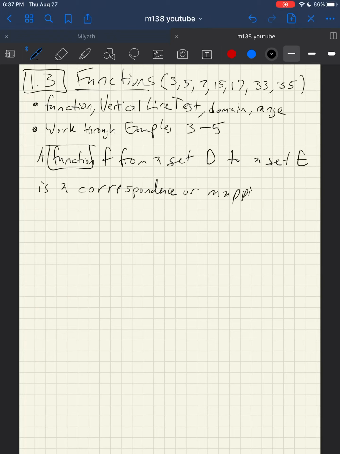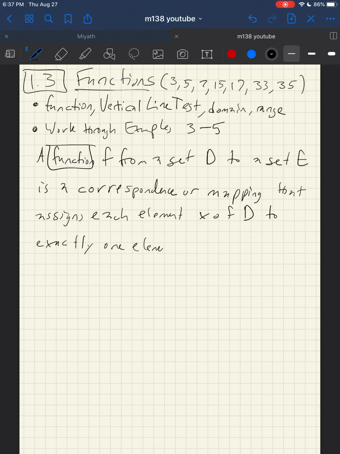We might say mapping that assigns each element x of D to exactly one element y of E.